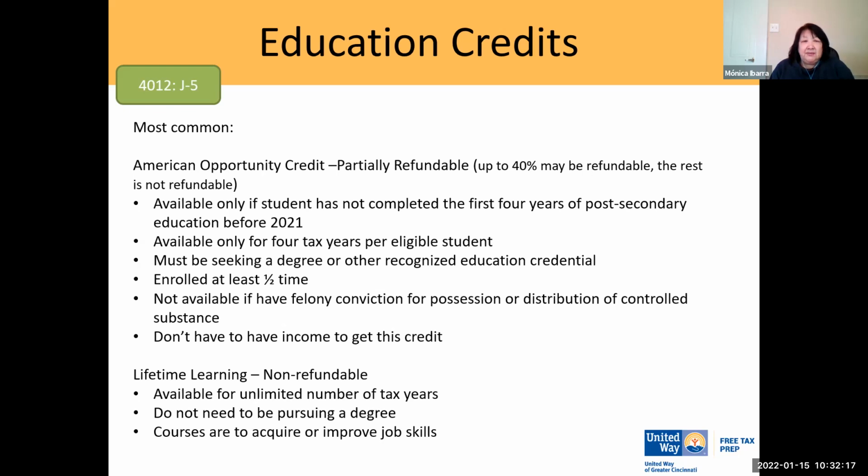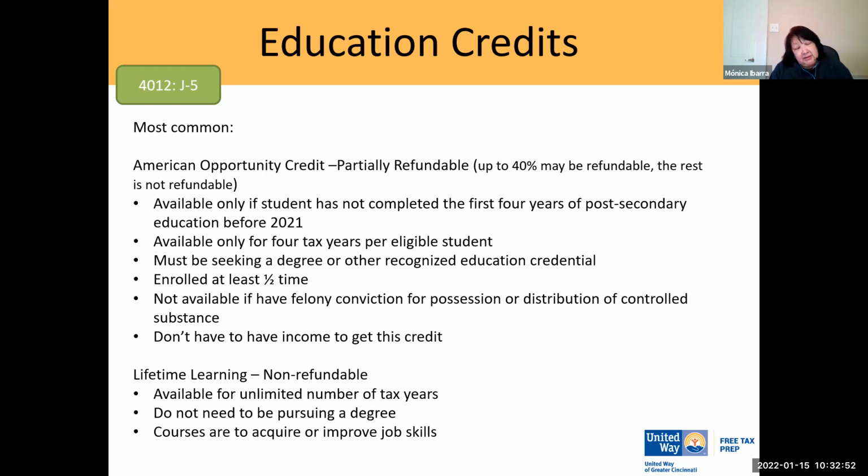There is a list of qualified education places, I think it's at irs.gov. You have to be enrolled at least half time. And if you had a felony conviction for possession or distribution of controlled substances, you don't qualify for this credit. It's a pretty specific felony conviction.